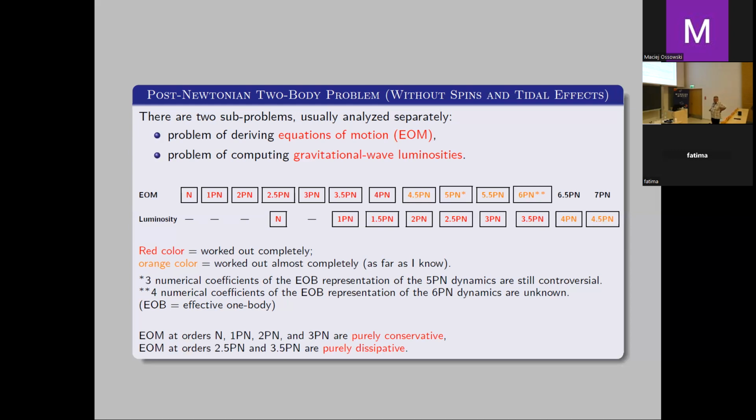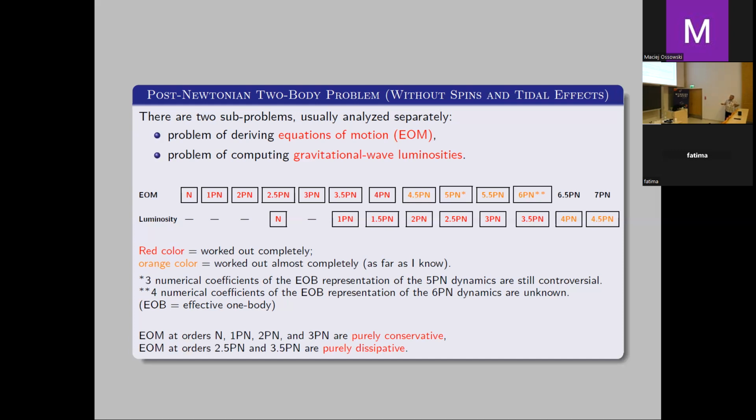That is, they are invariant against the change of the direction of time flow. Whereas 2.5PN and 3.5PN are purely dissipative. It means that they change sign when you change the direction of flow of time.